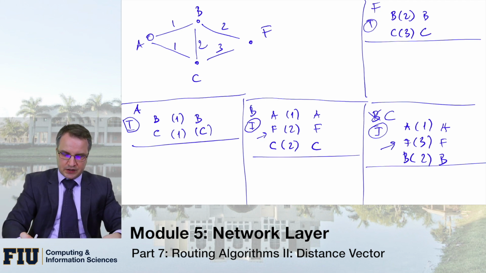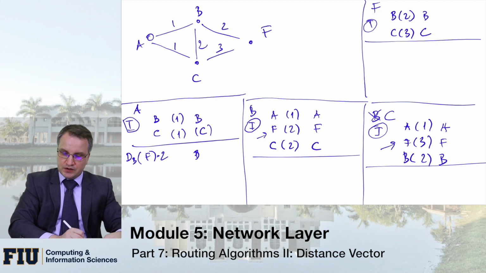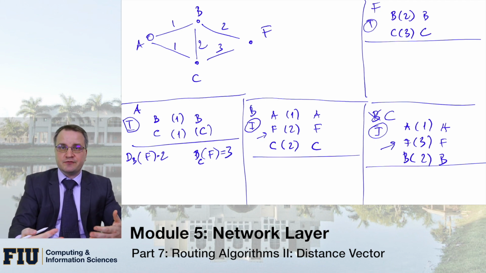So we have information saying that from the perspective of B, we can reach F with 2, and from the perspective of C, we can reach F with a cost of 3. That's the information we got from the neighbors.